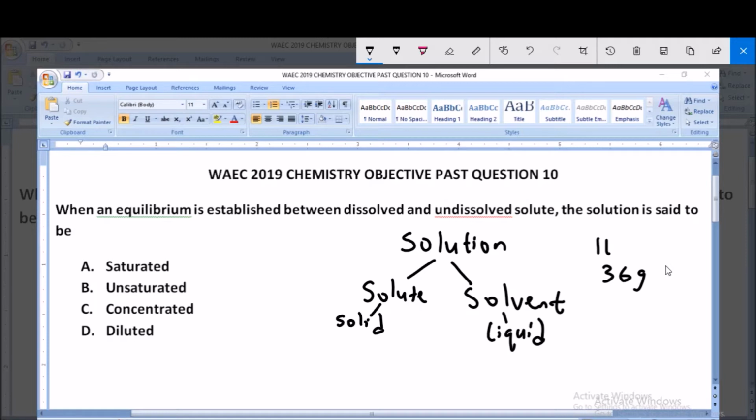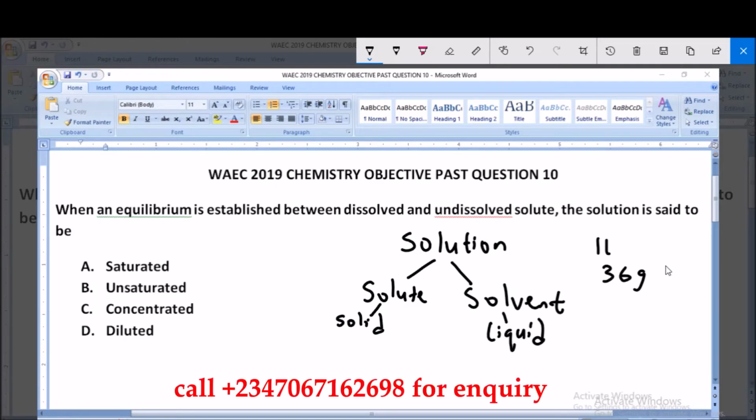So let's use the same sodium chloride and water instance. We have established the fact that 36 grams of sodium chloride is enough to saturate 1 liter of water. If you have less than 36 grams of sodium chloride in 1 liter of water, then it can be said that the solution you have is unsaturated, because the amount of solutes that you have in that solvent is less than the maximum amount that can be dissolved. So in that instance, the solution is said to be unsaturated.